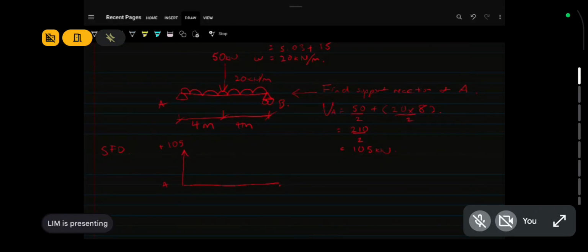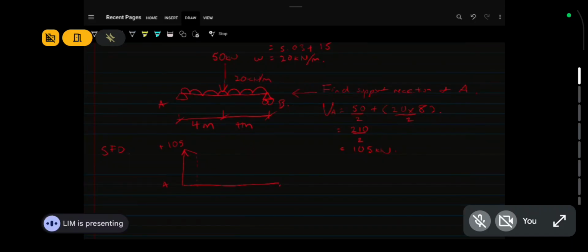Now, as you go towards the right, there's a UDL of 20 kilonewton per meter run pushing down. So every 1 meter you go, you lose 20 kilonewton. So we drop. Every 1 meter, we lose 20.